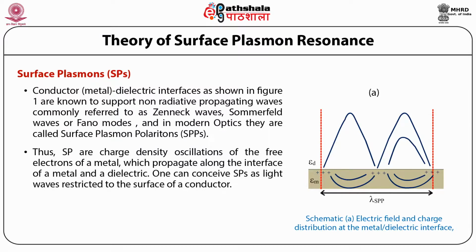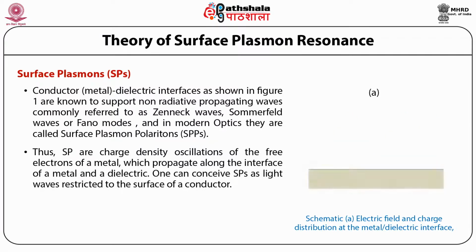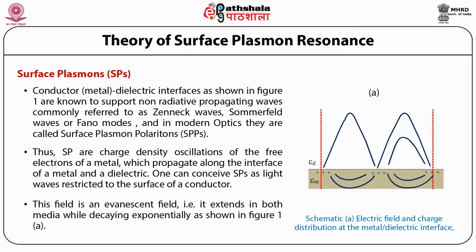So one can see the surface plasmons as light waves restricted to the surface of a conductor. This field is an evanescent field, that is, it extends in both media while decaying exponentially, as shown in this figure.